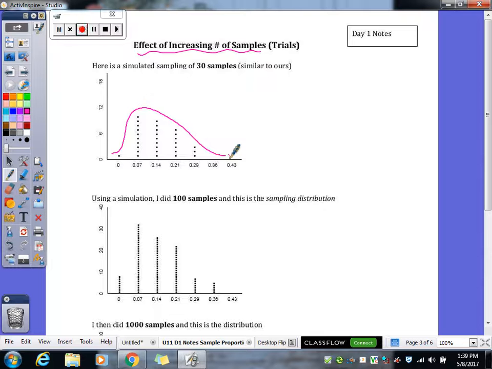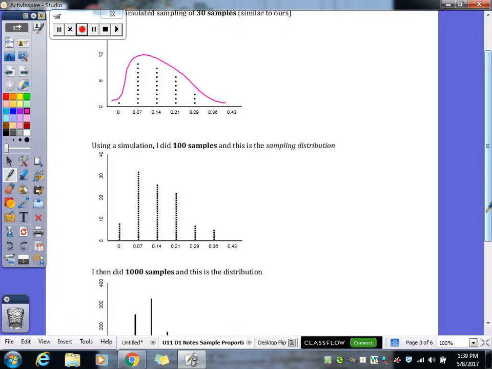Ours kind of looked skewed right. But now what I did is I did a simulation using 100 samples versus our 30 that we used. What's happened between our graphs other than there seems to be more dots? Don't tell me that one. It stayed the same basically.